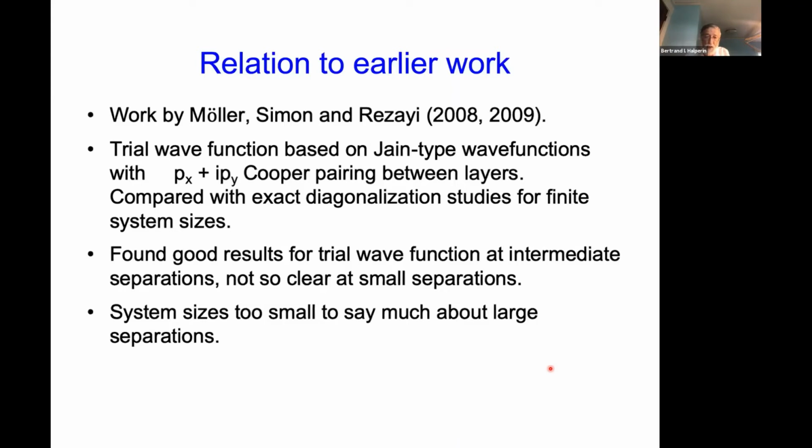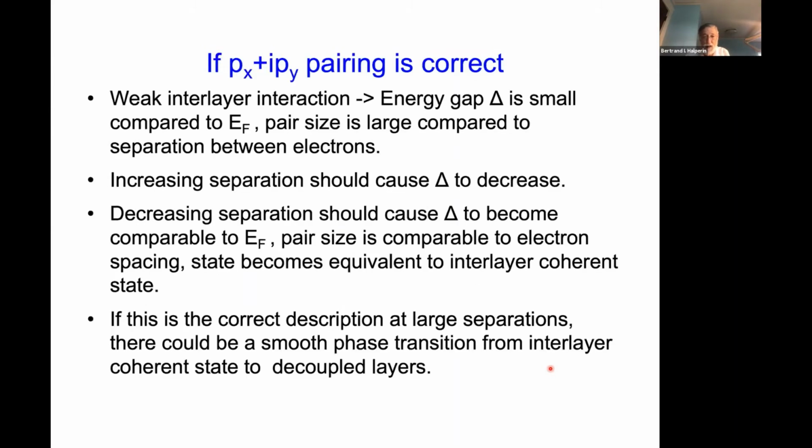They found reasonably good results for trial wave functions at intermediate separations, but it was not so clear what was happening at small separations. And I would just have to say that the system sizes were just too small to say much about large separations. It's just too hard. At large separations, the energy differences are very small, and simulations of up to, say, 14 electrons on a sphere are not good enough to say what's going on.